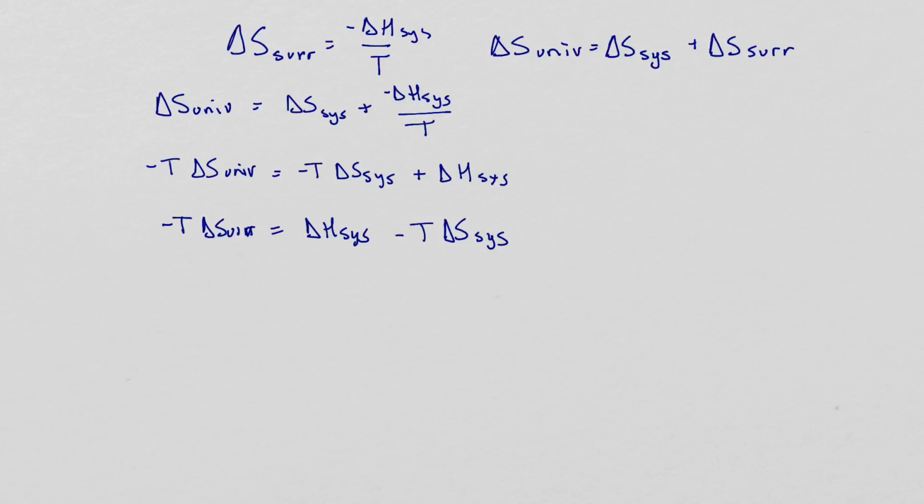So now we have this relationship between T delta S of the surroundings, or the universe, and the entropy of the system and the enthalpy of the system. Right? So we're describing the entropy change of the universe in terms of the system characteristics, the enthalpy of the system and the entropy of the system.